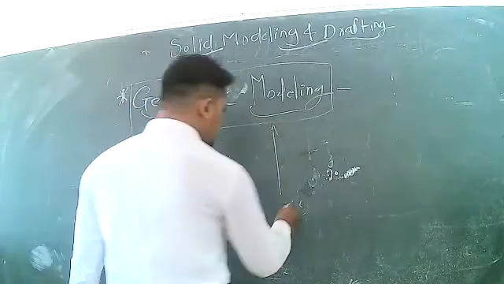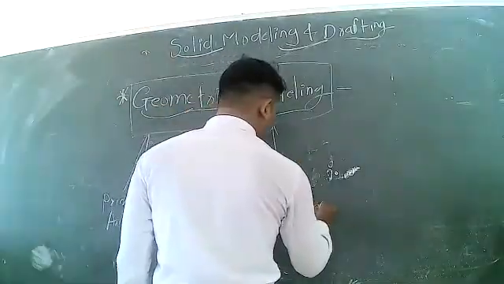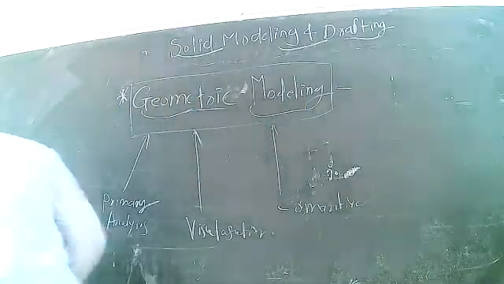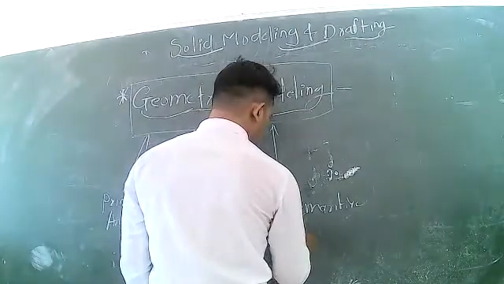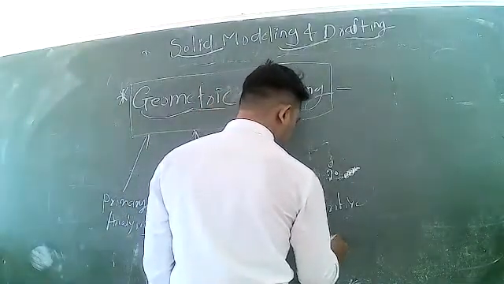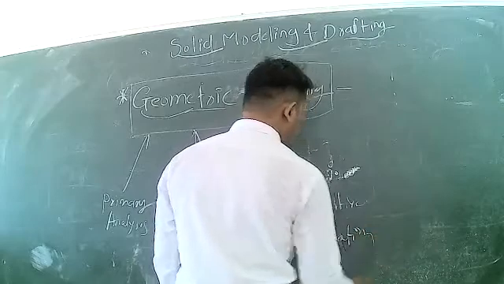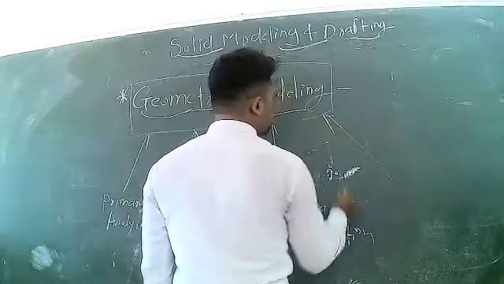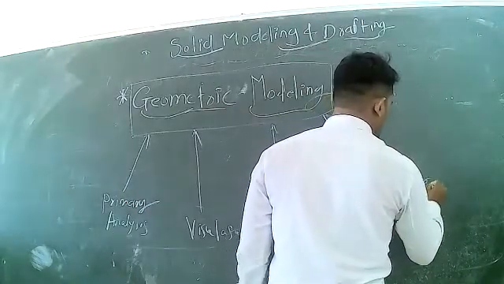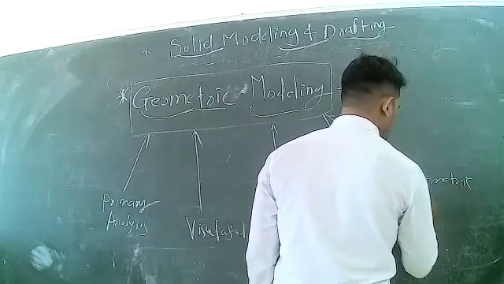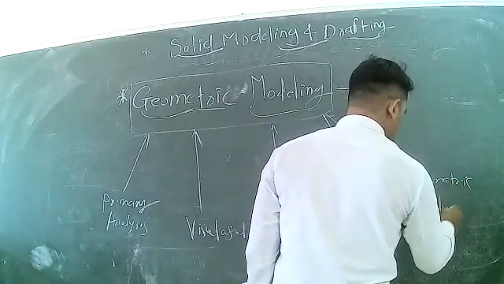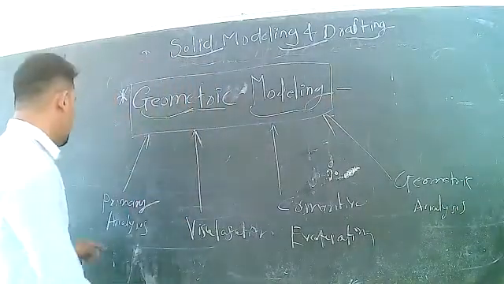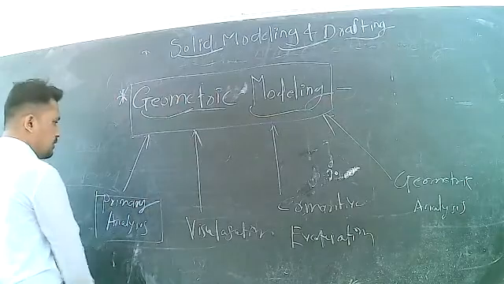Third one is comparative evaluation. And last one is geometry analysis. These are the various steps included in the geometry modeling. First of all, we are going to see what is meant by primary analysis.